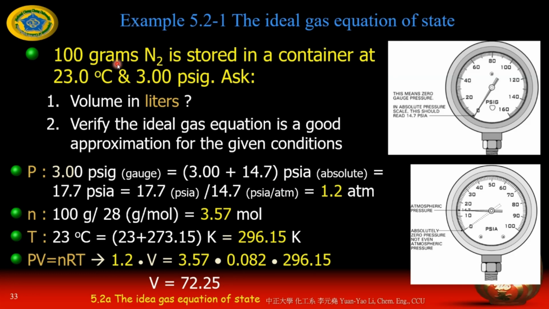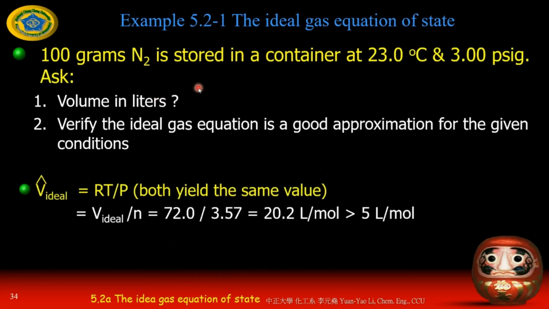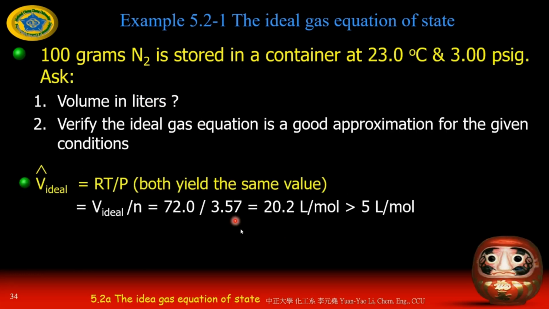This is nitrogen. I just told you how to judge whether this is ideal or not. If it is ideal, you get 20.2 liter per mole, and it's larger than 5 liter per mole. So this is nitrogen, right?